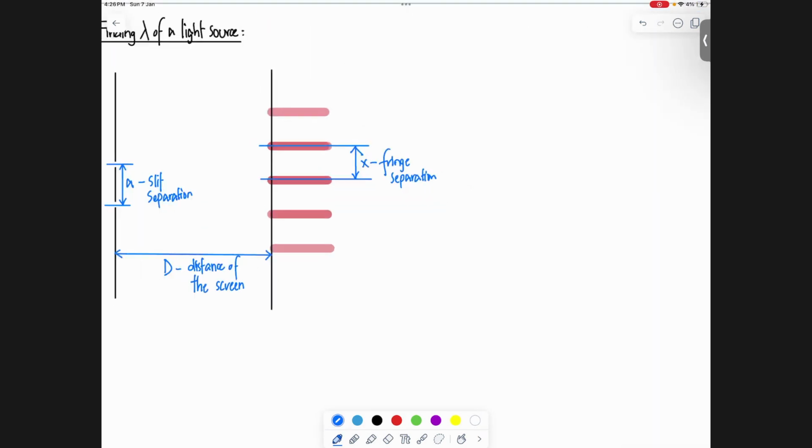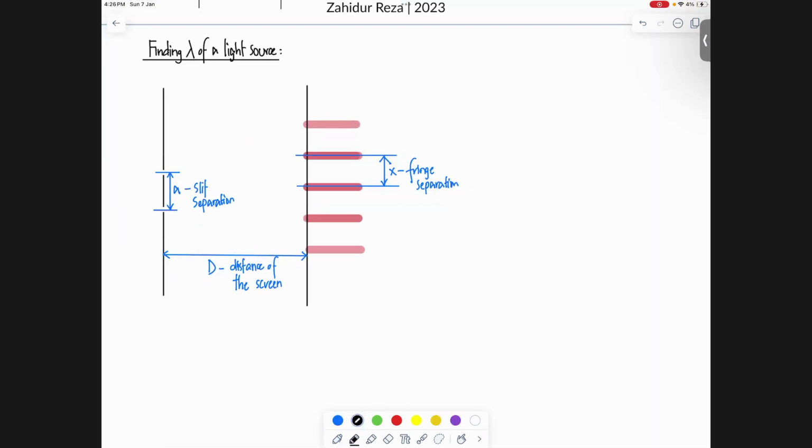Using a derivation that we don't have in our syllabus anymore, you can use these three quantities and come up with a formula for lambda, the wavelength. Lambda equals AX by D. The reason this equation was very famous is that you can find the wavelength of a light source, which is a very small wavelength, just by measuring a few things in your experiment.